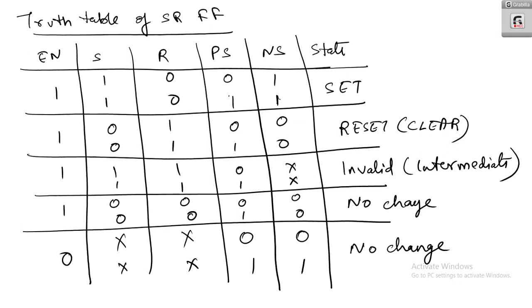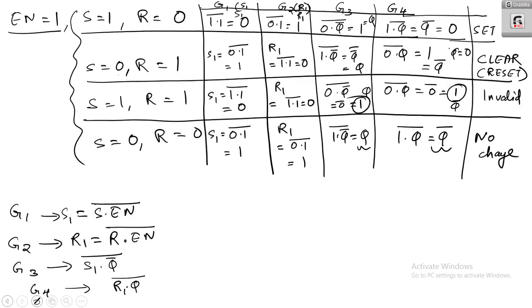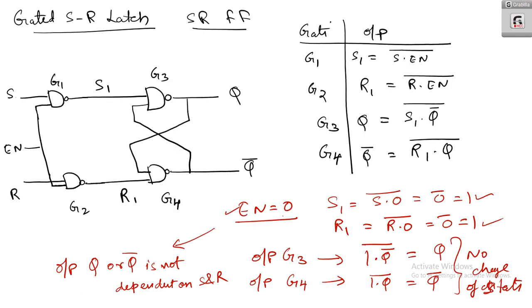Now the logic symbol of this SR latch can be drawn like this. That is the logic symbol, having S and R as inputs along with the enable, and here I am having Q and Q bar. So this is the logic symbol of this SR latch.